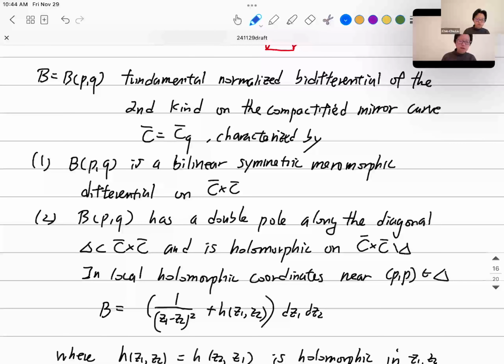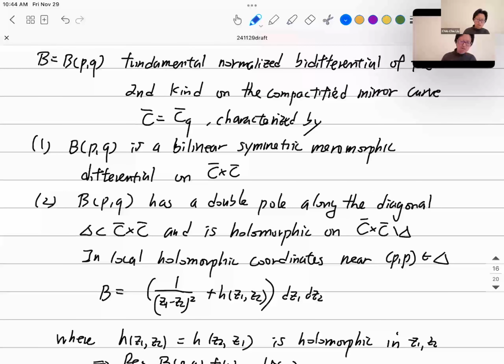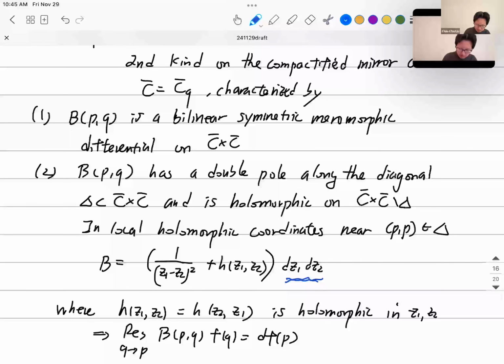First, the local normalization: in local holomorphic coordinates z1 and z2 near a point P on the diagonal, the meromorphic part is given by 1 over (z1 minus z2) squared dz1 dz2, symmetric. The remaining part is a symmetric holomorphic function in local coordinates z1, z2.